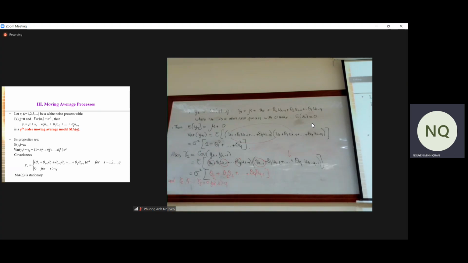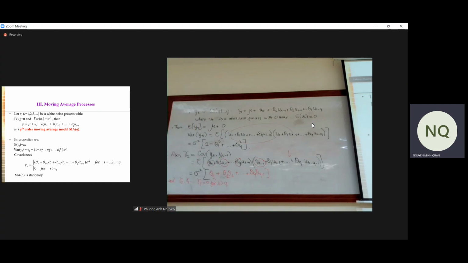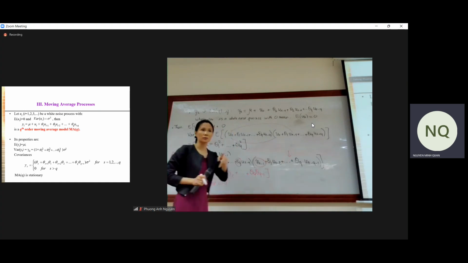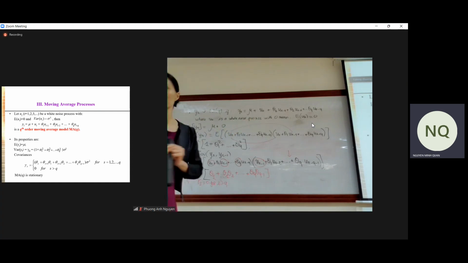You can imagine that suppose you have t minus s, t minus s minus 1, and clearly here all the cross products will give us 0, because we have nothing in common between the two sum terms. So gamma s equal to 0 for s greater than q.